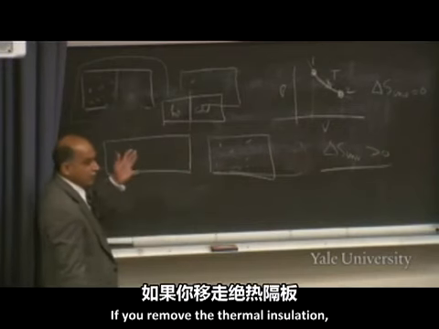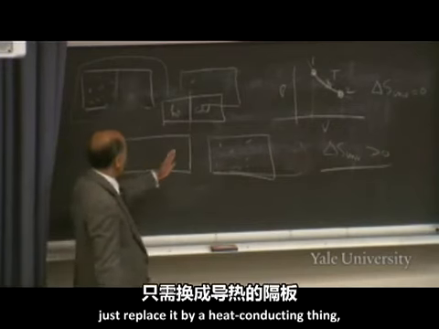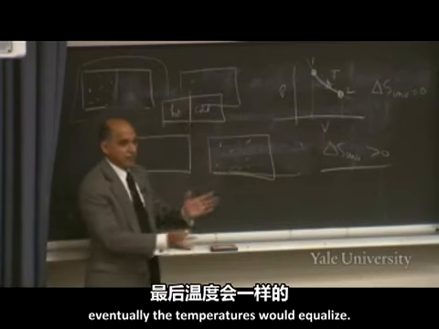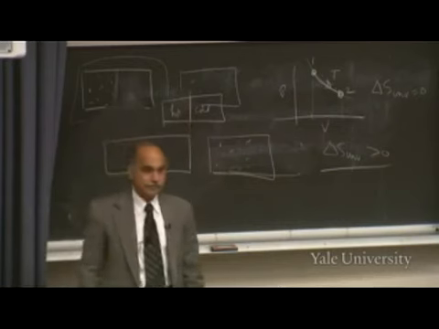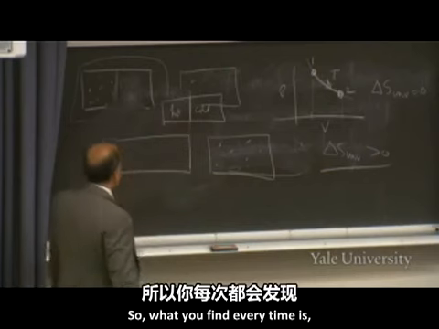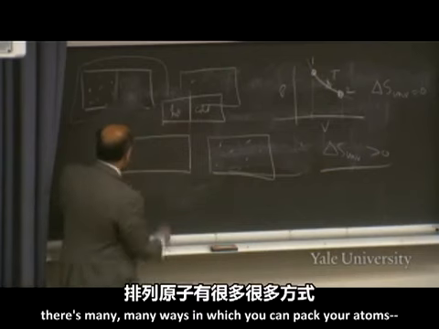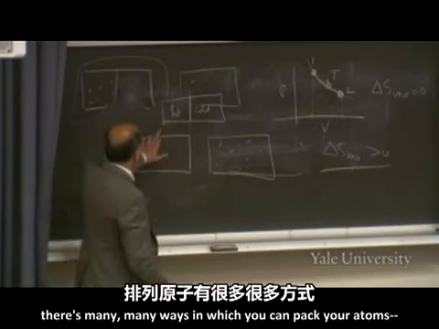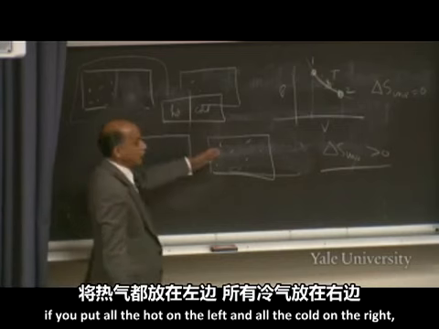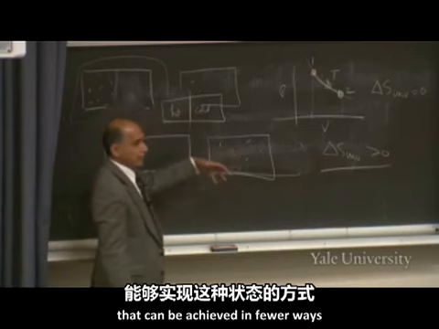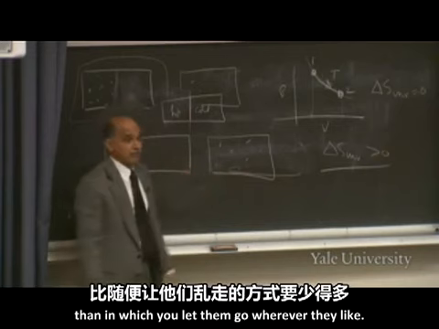If you remove the thermal insulation, or not even remove it, just replace it by a heat conducting thing, eventually the temperatures would equalize. So what you find every time is there's many, many ways in which you can pack your atoms. If you put all the hot on the left, all the cold on the right, that can be achieved in fewer ways than in which you let them all go wherever they like.